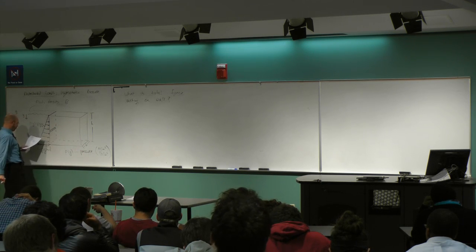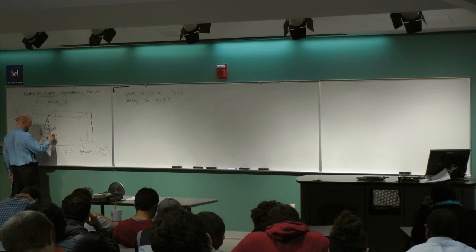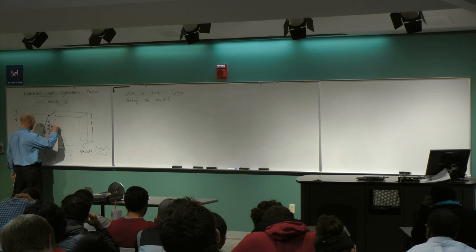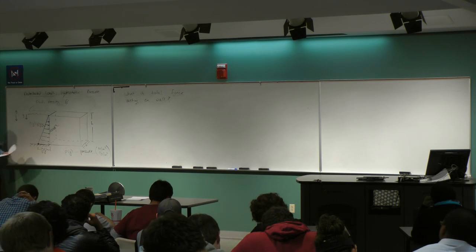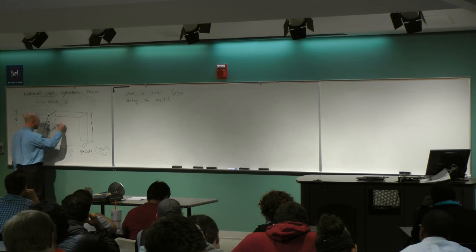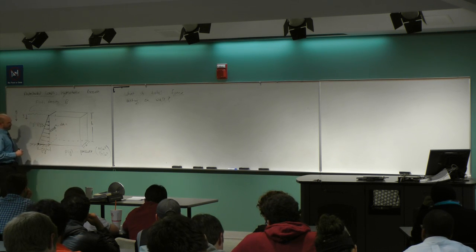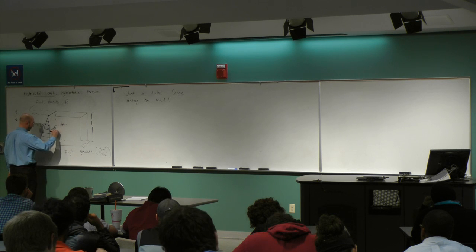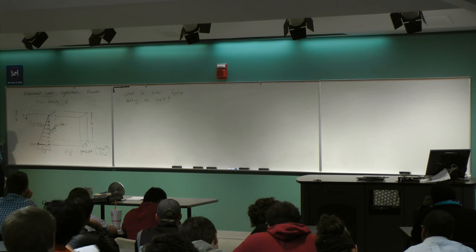Then if the width of the wall is b, then this area over here would be what? So b is the length of the rectangle. What would be the height of the rectangle?